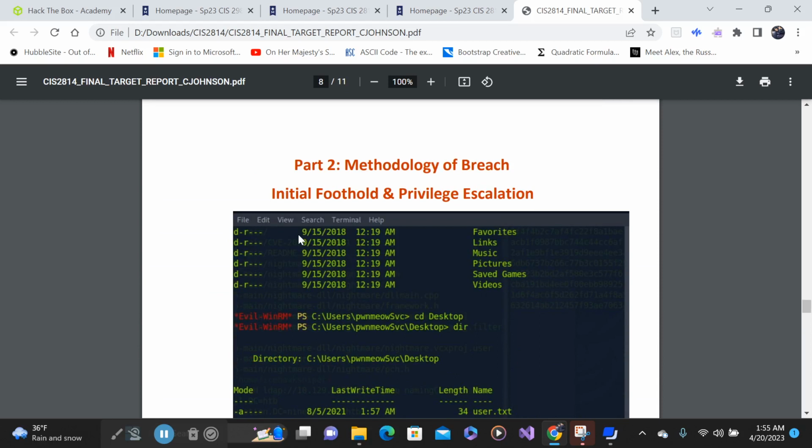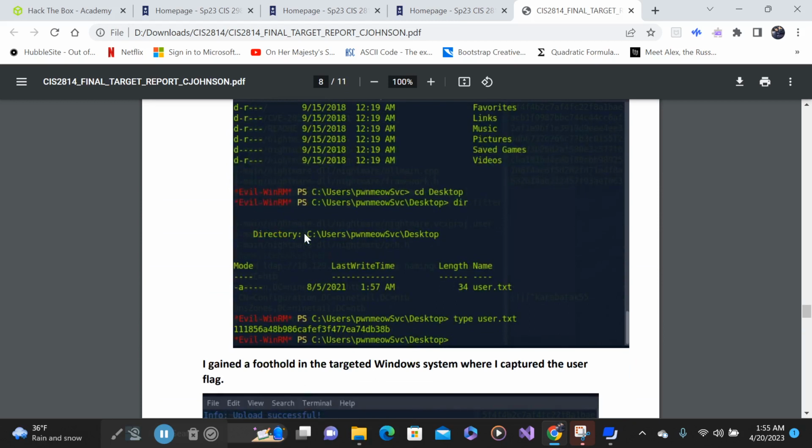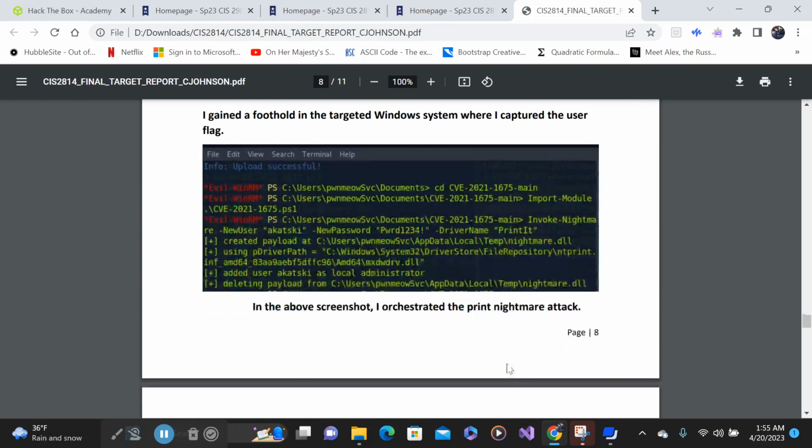And then we have the methodology of breach. With an initial foothold, I got into the system and captured the user flag. Then I moved on to other attacks until I got led in the right direction of how to actually use the nightmare exploit.